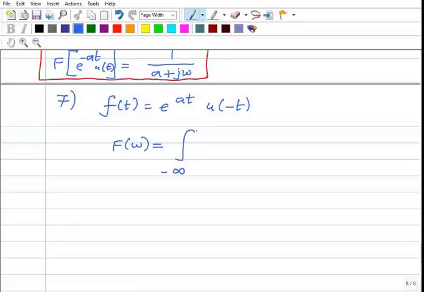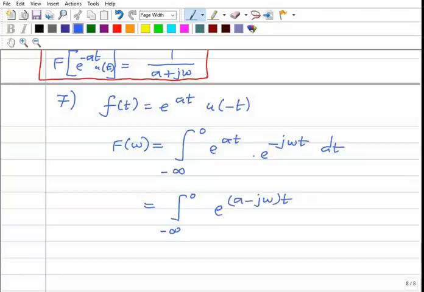Minus infinity to 0, e power at, e power minus j omega t dt. In the same way, you just combine the exponentials, e power a minus j omega into t dt.